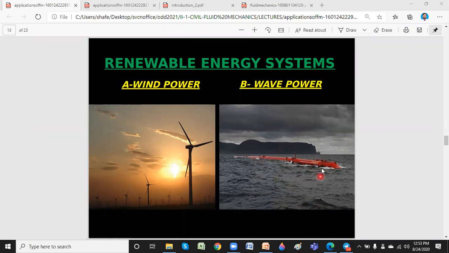Imagine the sea full of water. The sea water has a lot of salts in it, and you just imagine the pressure or density of the water, and against that density or drag or force, you have to move the submarine. This is the submarine or wave power. So this is fluid mechanics.